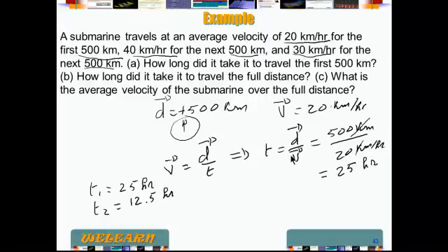Okay, remember, again, we could have calculated it. T is equal to D over V, 500 over 40. That should give us the 12.5 hours. And then the next part is going to be 30 kilometers per hour. I'm going to use the equation here. So it's going to be 500 for T3, 500 kilometers over 30 kilometers per hour.